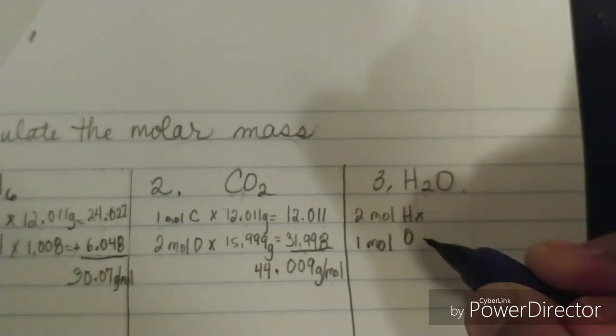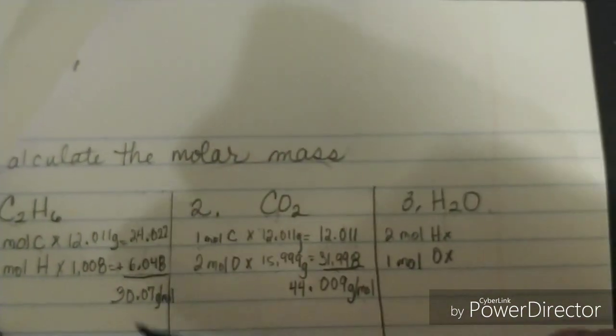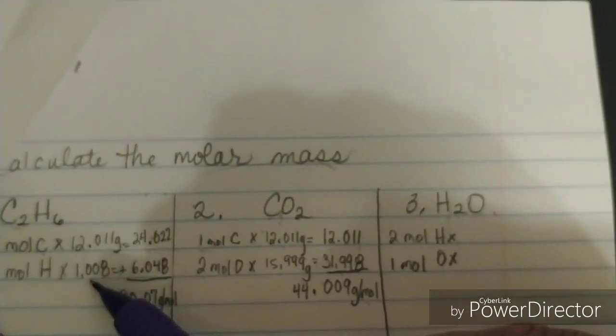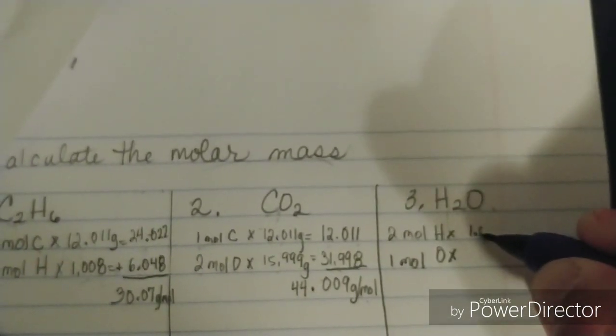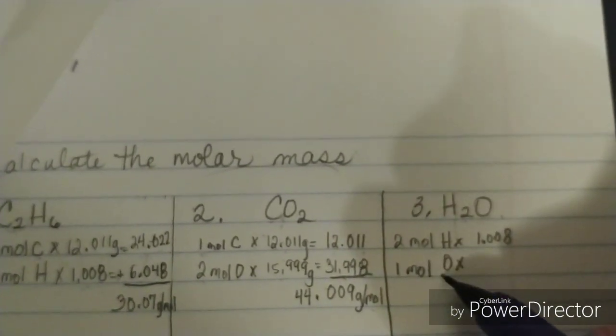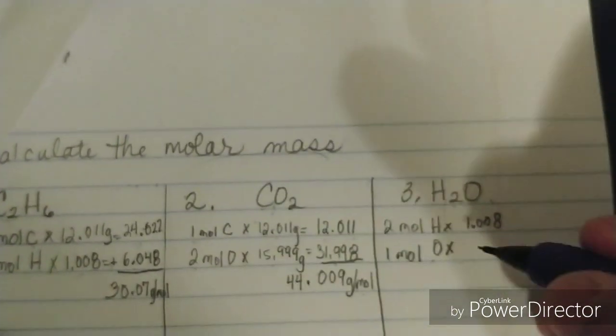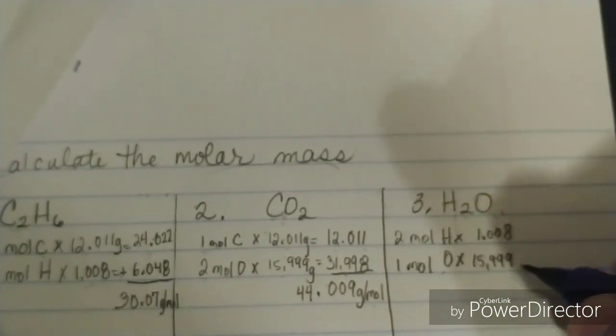So now we're going to multiply each one by the mass on the periodic table. Remember, we already saw that hydrogen is 1.008. So that's the mass on the periodic table. And oxygen, we had looked it up and we established that it was 15.999.